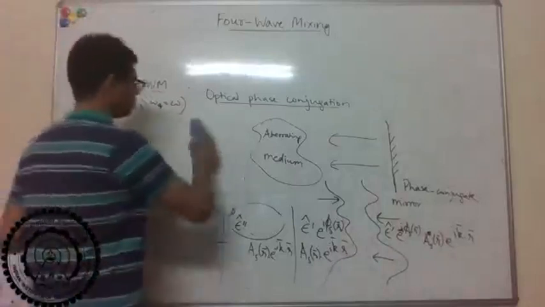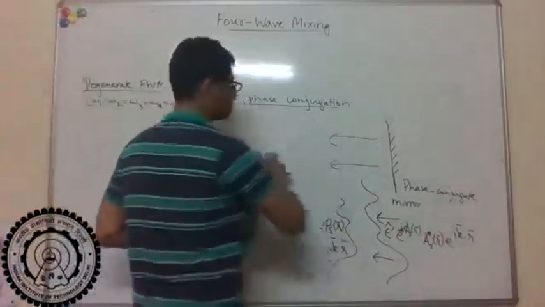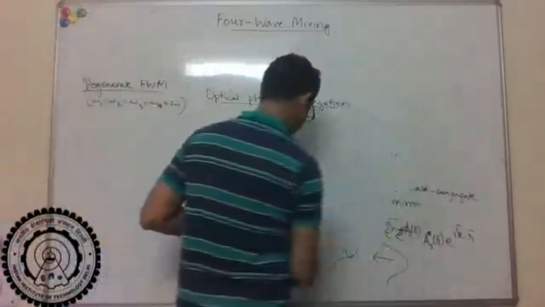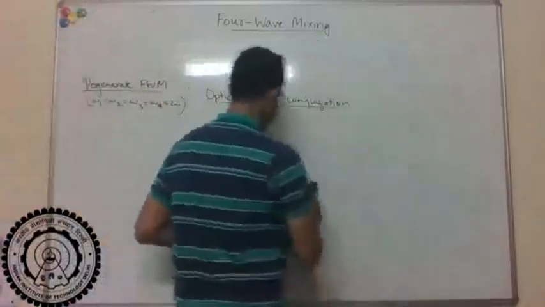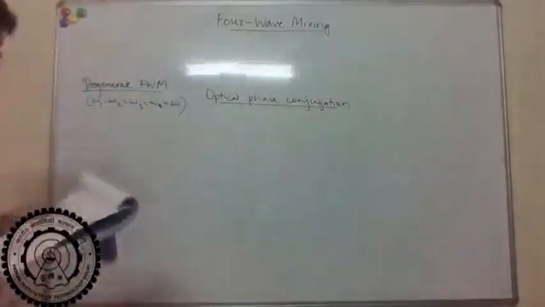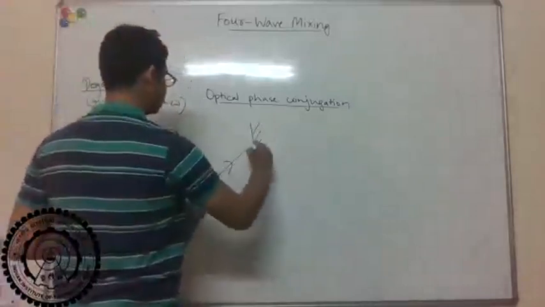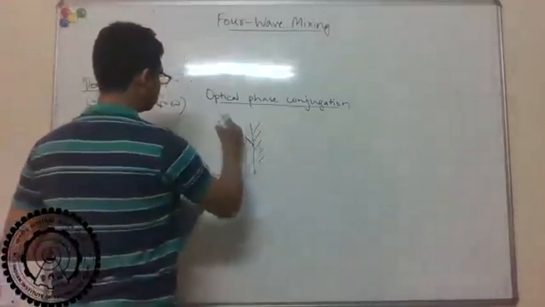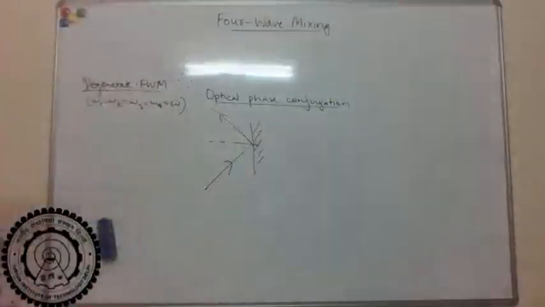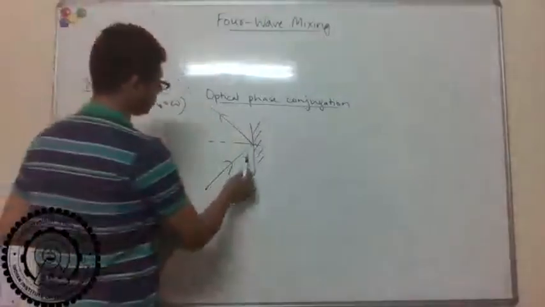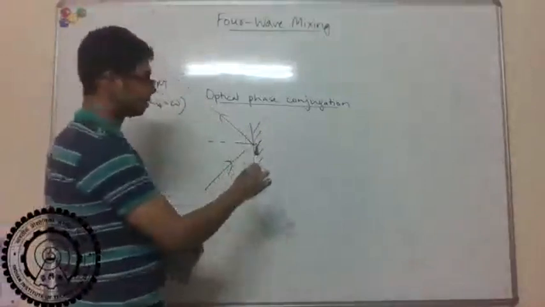So just to give you a little more insight into how strange this phase conjugate mirror is. For a conventional mirror, if I have some wave incident like this, then I know that the reflected wave will go like that, right? Which comes from the fact that the transverse wave vector is conserved.